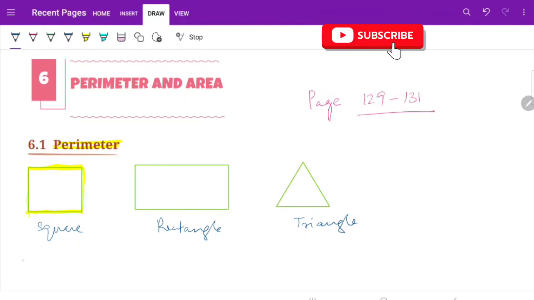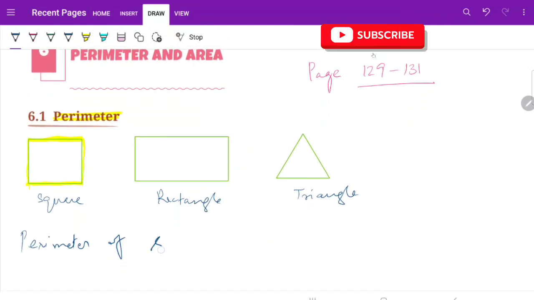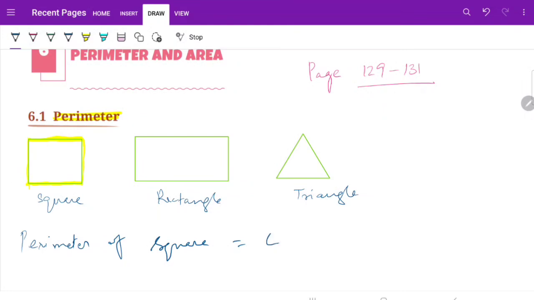So what will be the formula for the perimeter of a square? Because in a square four sides are equal, we can write 4 into side. 4 into side is 4 multiplied by side, which is the same as adding the four sides.